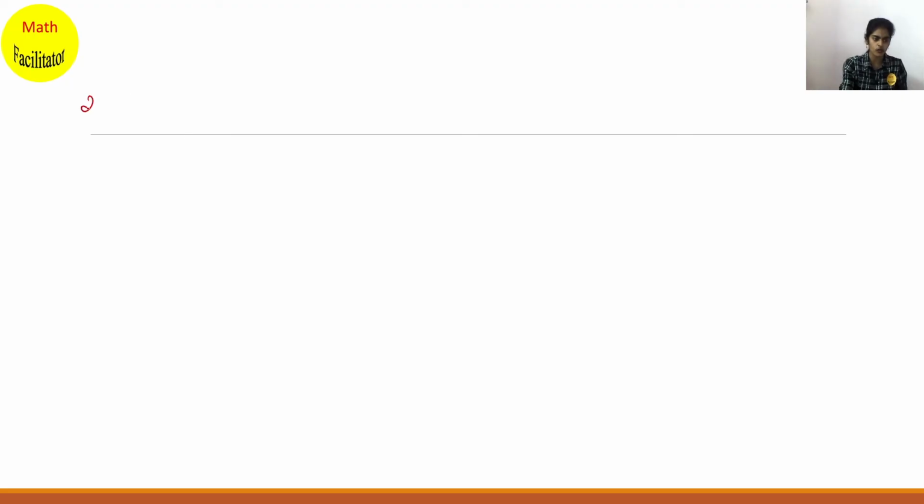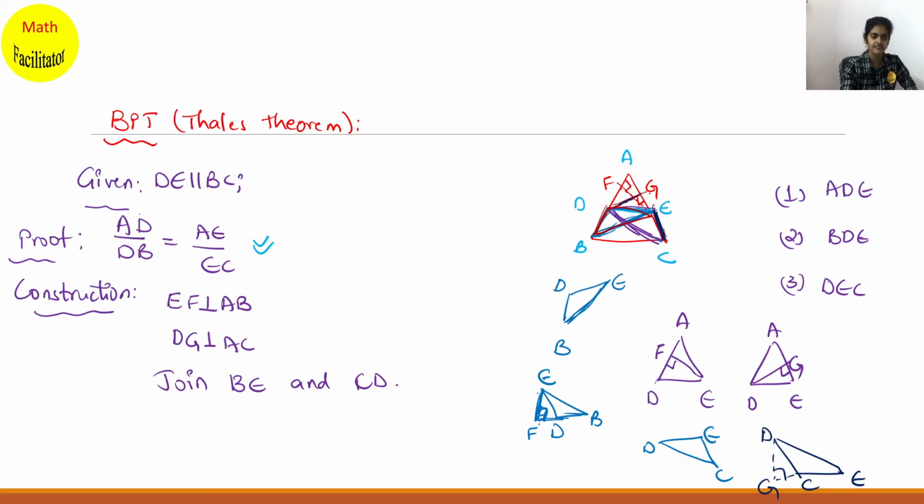The next theorem is the converse of BPT. So what is the converse? BPT says that if a line is drawn parallel to one side of a triangle ABC, then the line divides the other two sides in the same ratio.